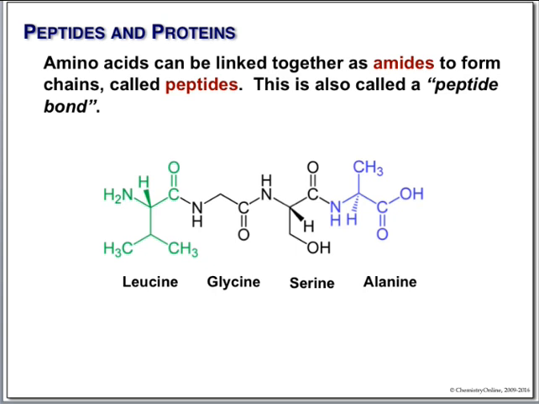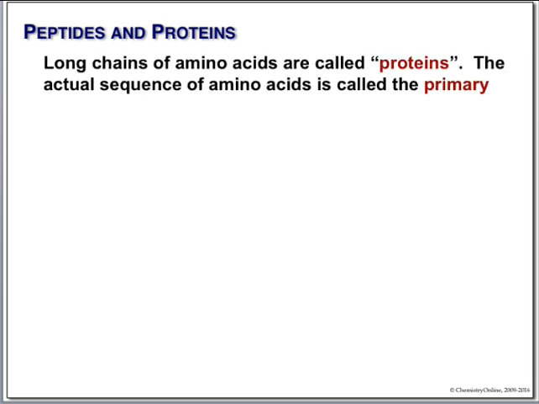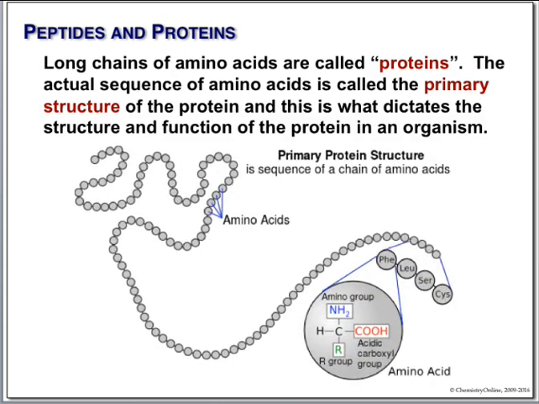If we continue doing this over and over and over again, we wind up with a long chain that we call a protein. The primary structure of a protein is simply the specific sequence of all of the amino acids. Every time you make a specific protein, they're always lined up exactly the same.